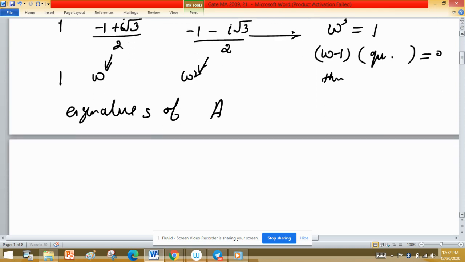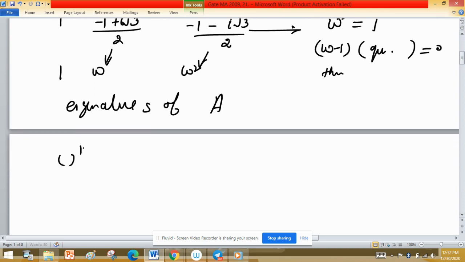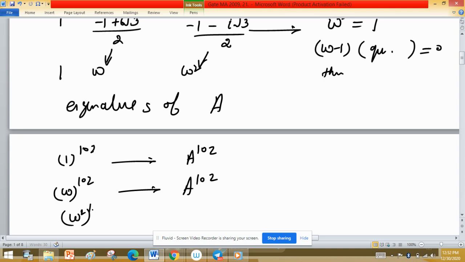That is, 1 raised to the power 102 will be the first eigenvalue of A raised to the power 102. ω raised to the power 102 will be the second eigenvalue, and ω² raised to the power 102 will be the third eigenvalue. Now 1 raised to the power 102 is equal to 1.